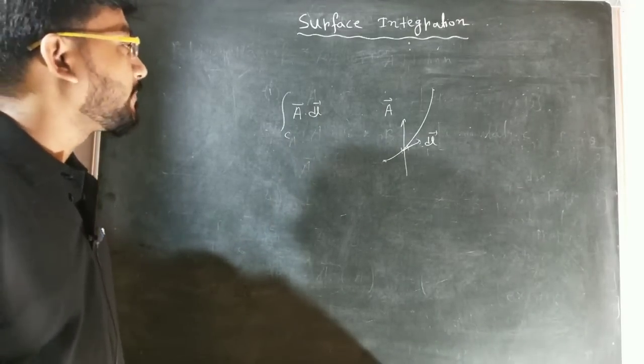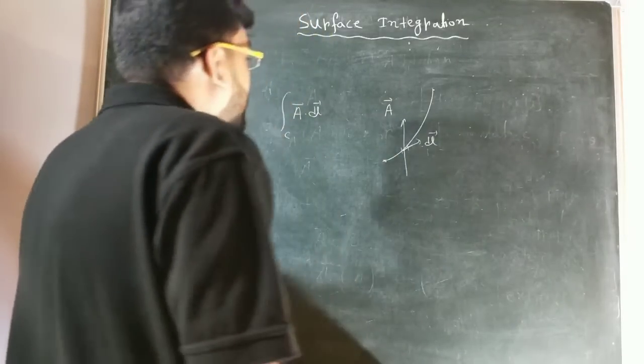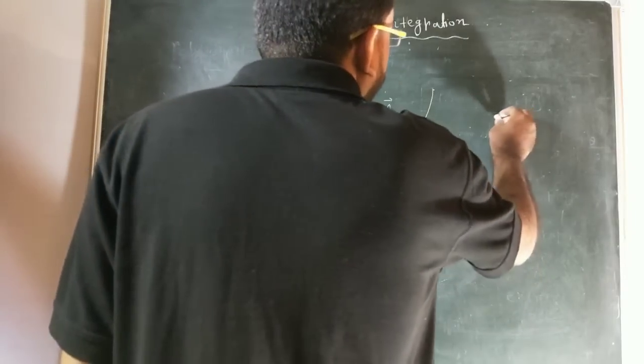We can sometimes represent this A as F also, but in general you can represent it by A, okay. Similarly, for surface integration, we have to take ds, a small surface element on any surface.